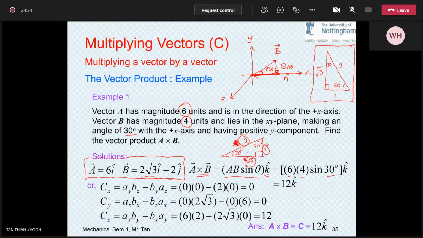So we just take this value here, the angle, as a general, just for us to find sine theta and cos theta, to simplify them. That's why we obtain B in this form. Understand? Yes, sir. Thank you.